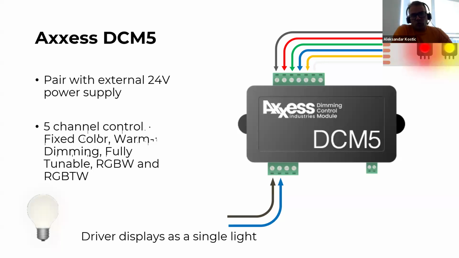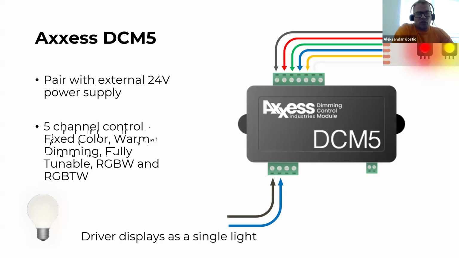It also works, of course, on 24-volt DC, and it would require, like all the others, some power adapter on 24 volts, which we also have available from the Vibrant product portfolio. It is important to point out again that DCM5 is appearing as a single lighting load.